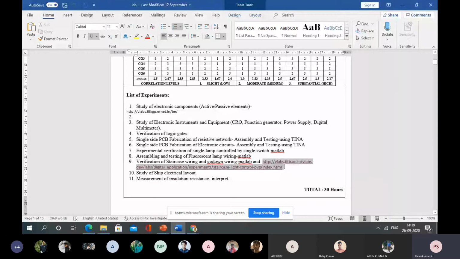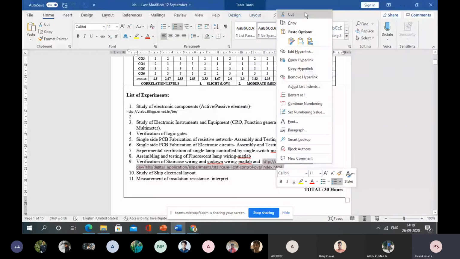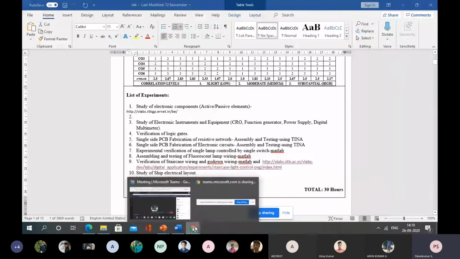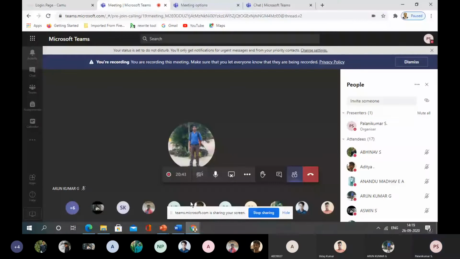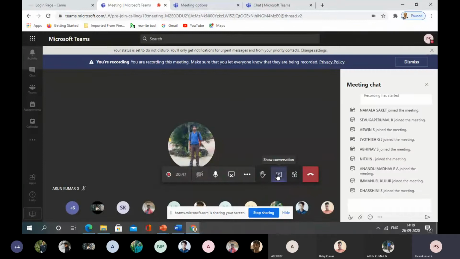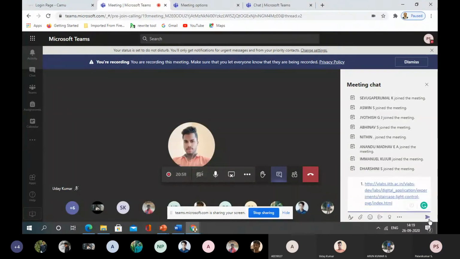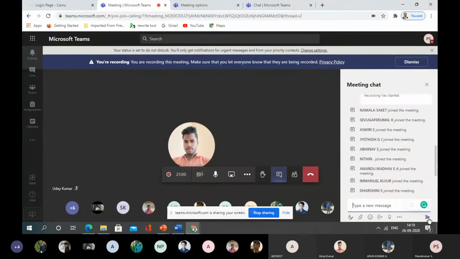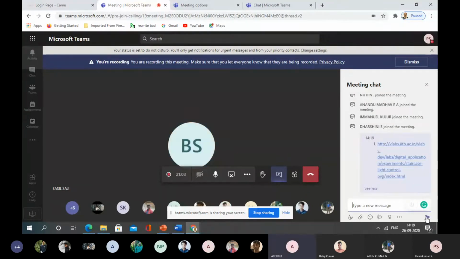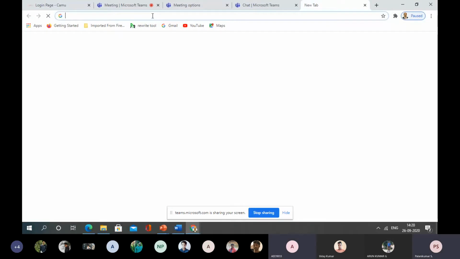You can copy and you can save it also, because you are going to construct and practice that also. So I have mentioned in the chat box the same thing.